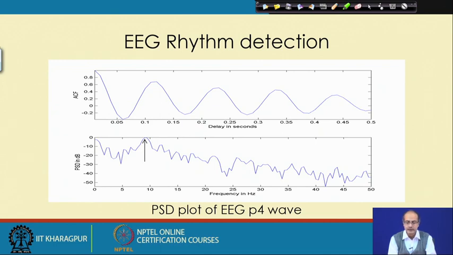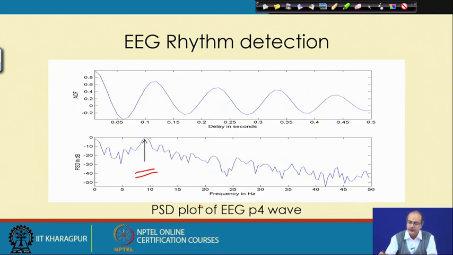We are just interested in the strength or the amplitude of it. What we get is a distinct peak at about 9 hertz. That way we can tell that alpha wave is present, because the peak falls within the range of alpha, and it becomes a direct way of reaching the decision.